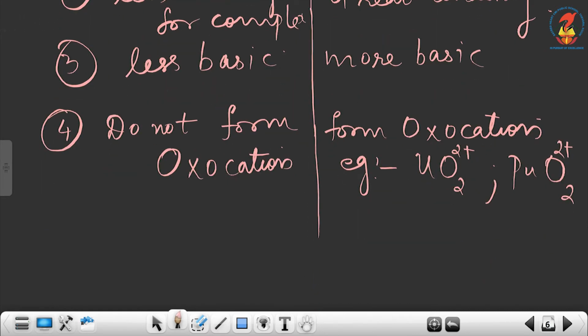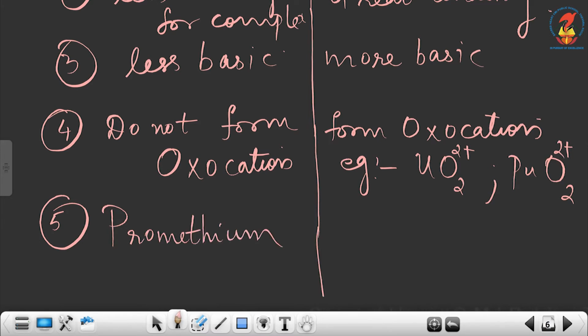The next difference: except promethium, lanthanoids are all non-radioactive.